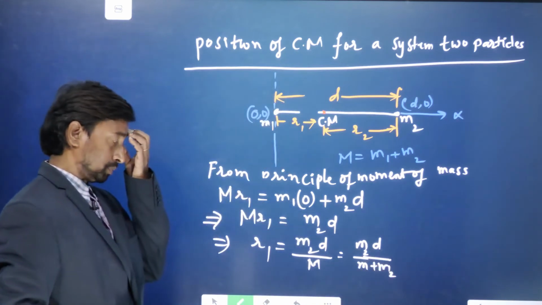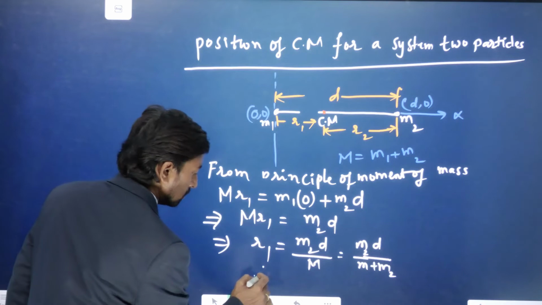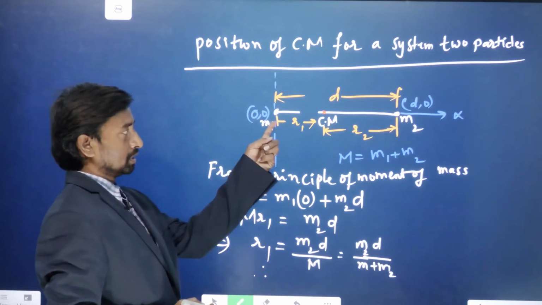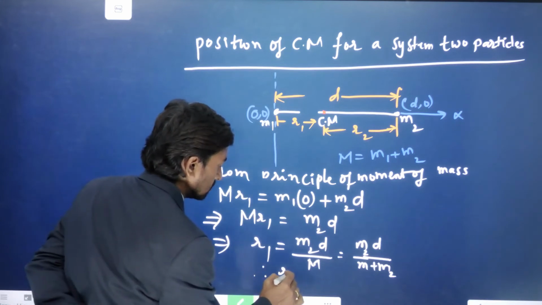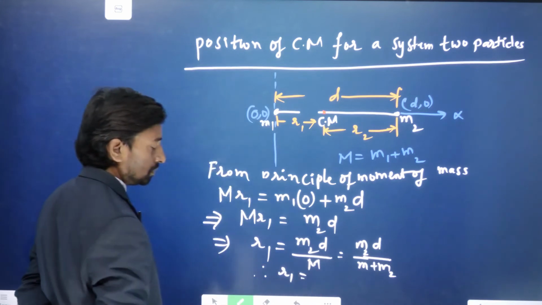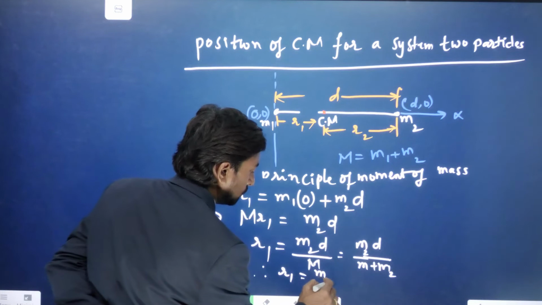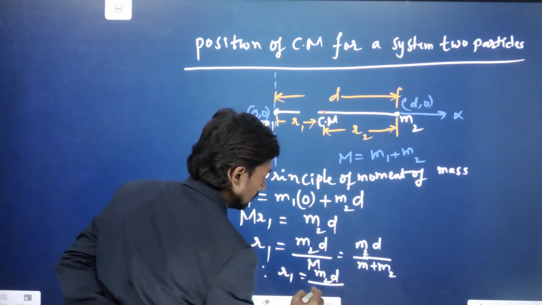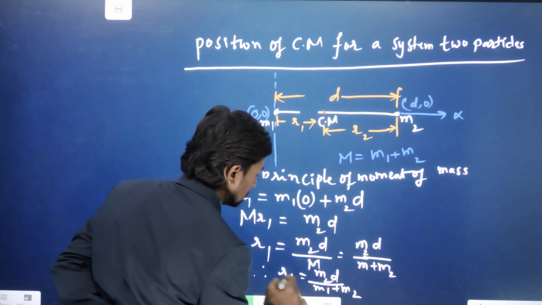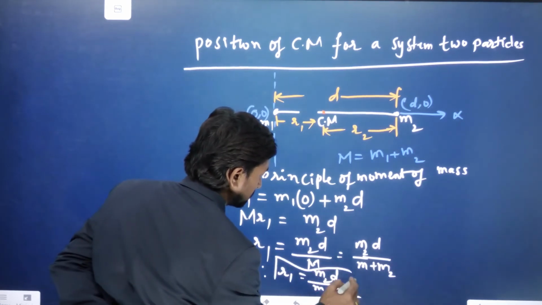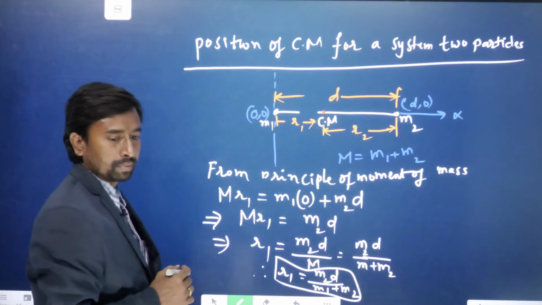Therefore the position of the center of mass from the origin, from particle 1, can be written as r1 equals m2 d divided by m1 plus m2.